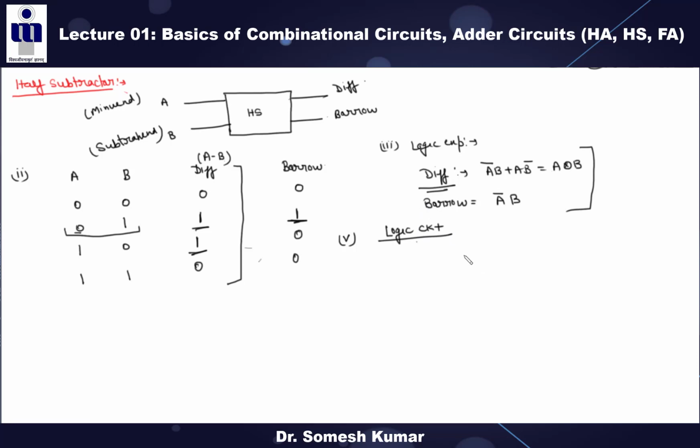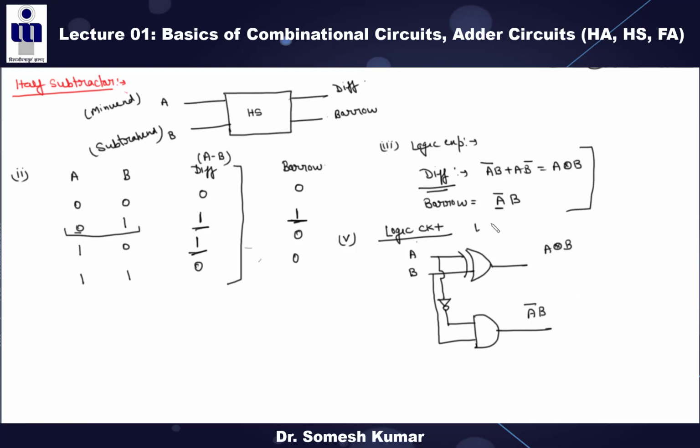And what is the circuit? This is inputs A and B, and this is A XOR B, the difference. From here there is one NOT gate for this A bar, and this is your A bar B, which is your borrow.